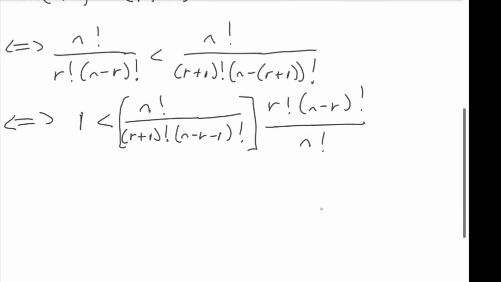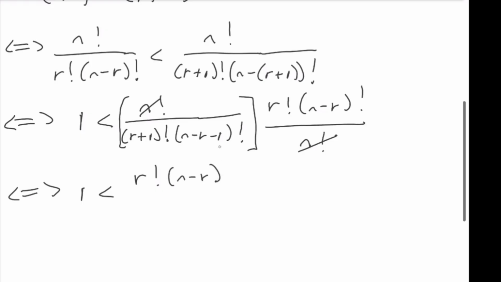Okay, so now I can reduce this. So this is going to be 1 is less than n factorial over n factorial. That turns to 1. And then I'll go ahead and rewrite this. So r factorial times (n minus r).